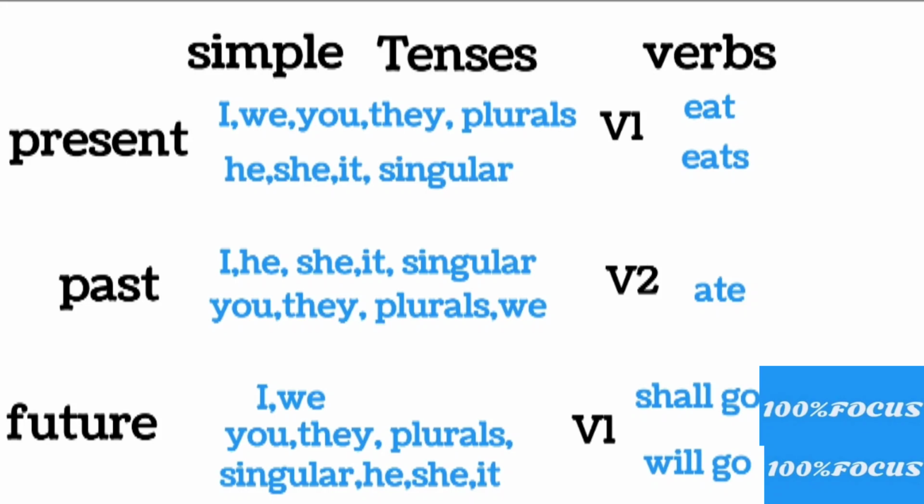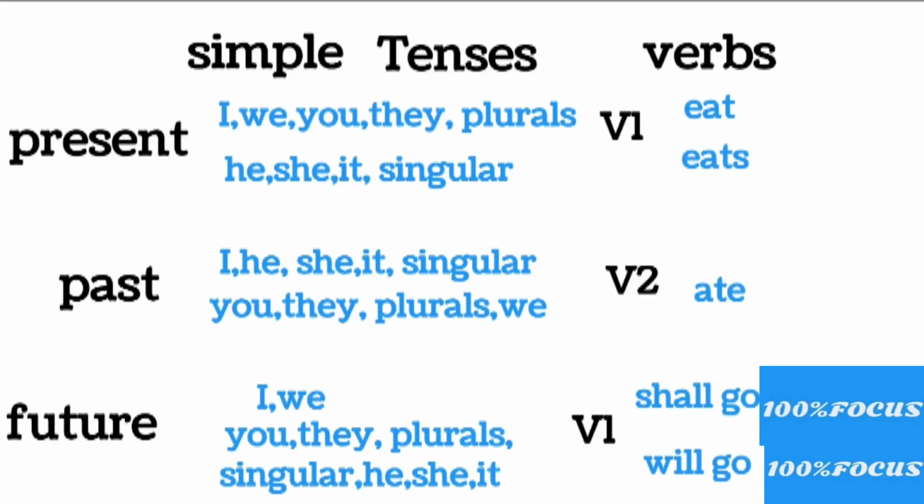Kani you, they, plural, singular, he, she, it ki matram shall vaadoddu. Will ప్రతి ఒక్క సబ్జెక్ట్ కి వాడొచ్చు. షల్ మాత్రం ఐ కి వి కి మాత్రమే వాడాలి. Okay, for I we can use both shall and will. Remaining all subjects we are going to use only will. So the verb form is V1.